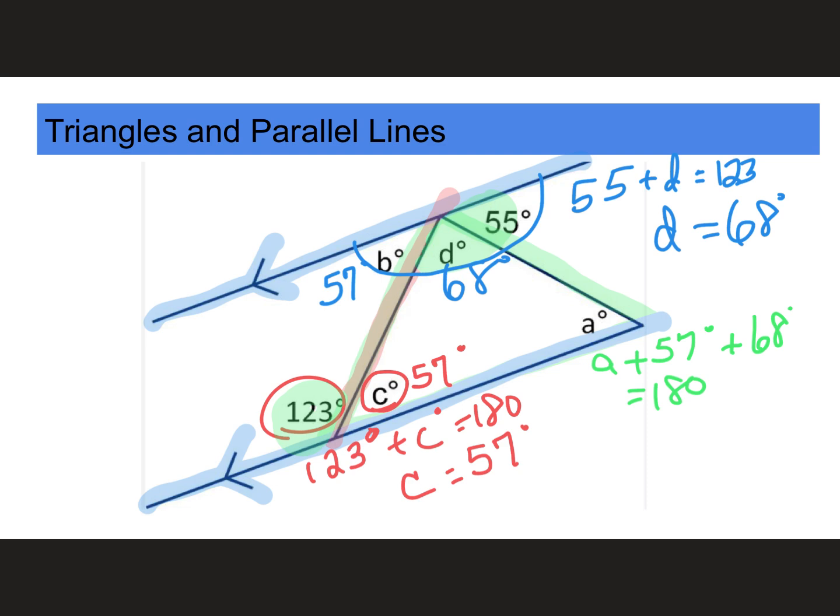Okay, so I can solve for A very quickly. So I end up with A equaling 55 degrees. So I use what I know about triangles and parallel lines together in order to solve this. This is what you're going to need to do as you work on your assignments. I will see you all in class. Let me know if you have any questions.